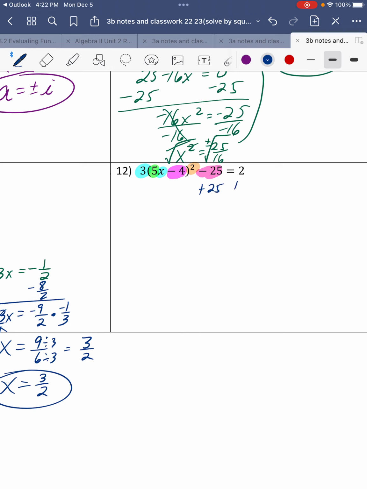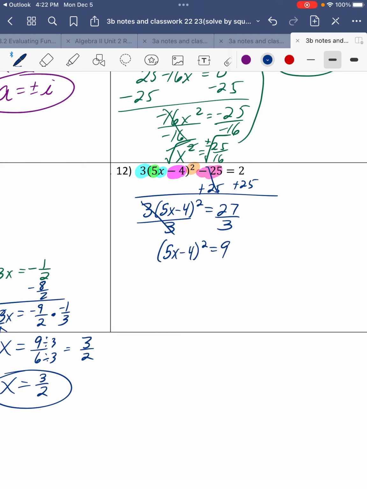I've got to add 25. 3 times 5x minus 4 squared equals 27. Divide by 3. I have 5x minus 4 squared equals 9. Square root. We have 5x minus 4 equals positive negative 3.